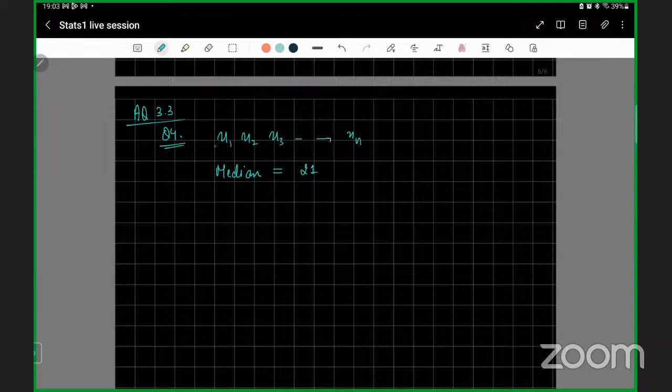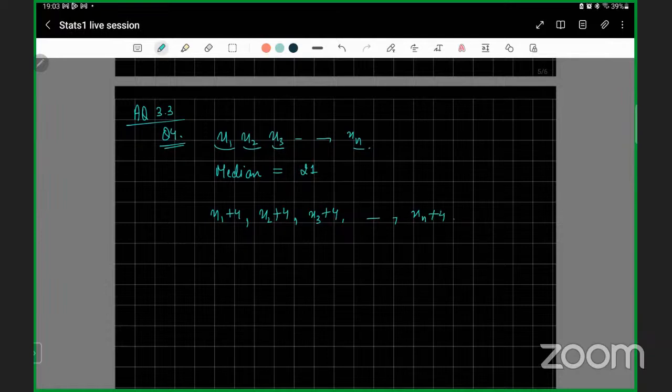So x1 becomes x1 plus 4, x2 becomes x2 plus 4, x3 becomes x3 plus 4, up to xn plus 4. You just add 4 to everything.